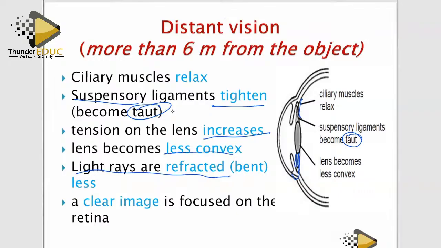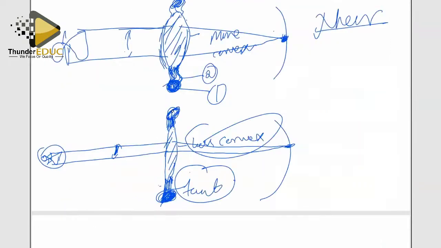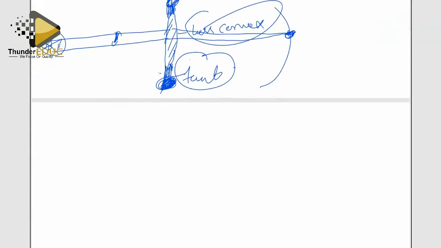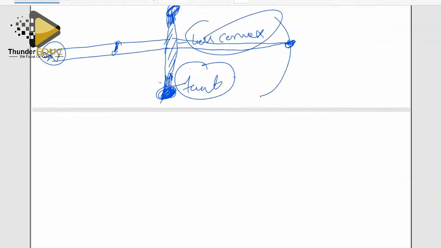That's why the light rays are refracted less, and then a clear image will be focused onto the retina. So you're able to see a clear image on the retina. I've spent a lot of time there, and then I think we can go to the defects of the eye.